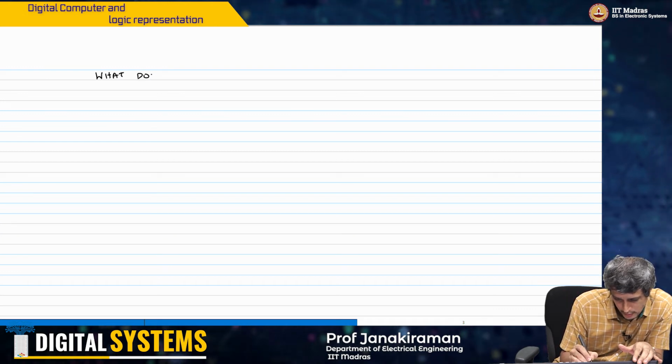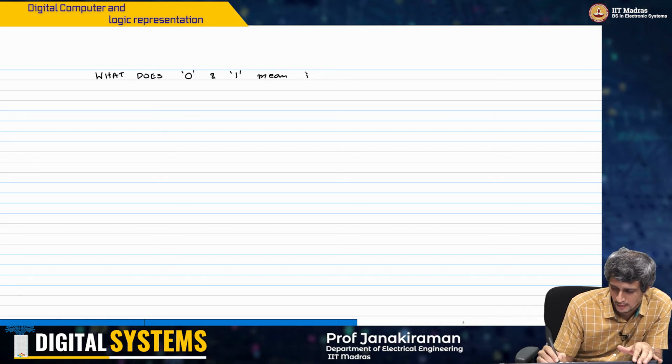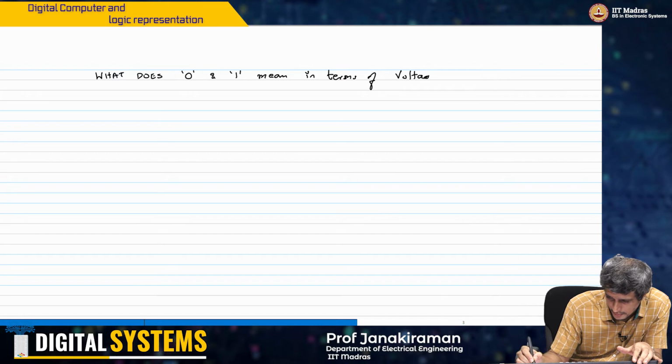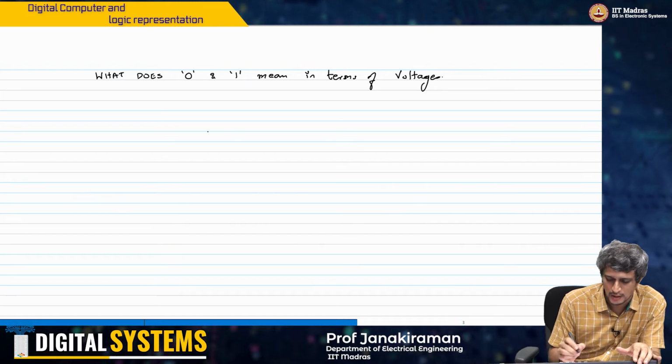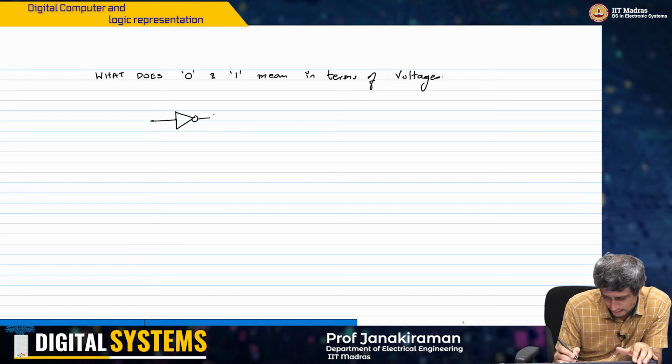What does 0 and 1 mean in terms of voltages? So for example, like I told you, I took the example of a simple inverter.